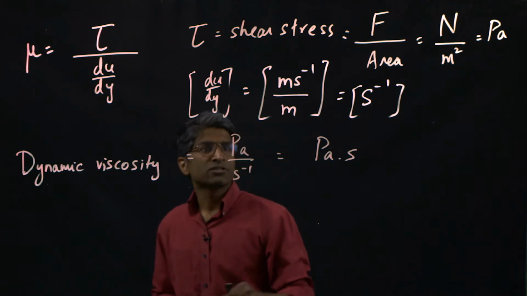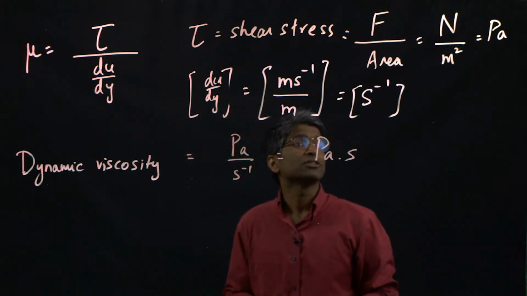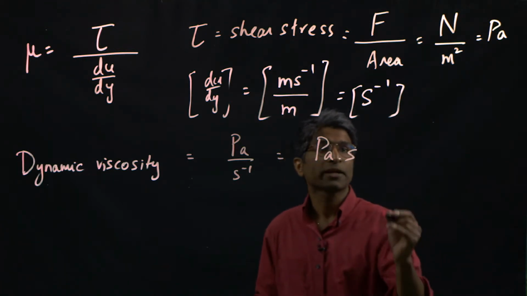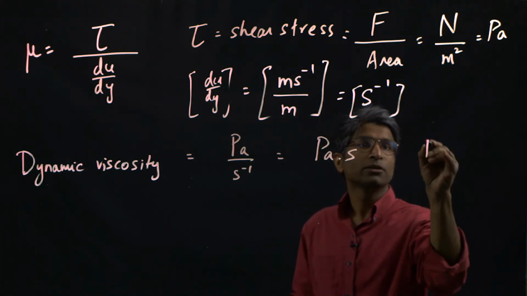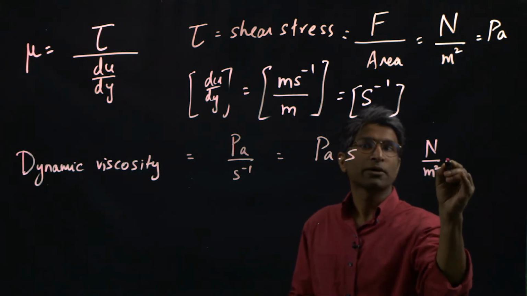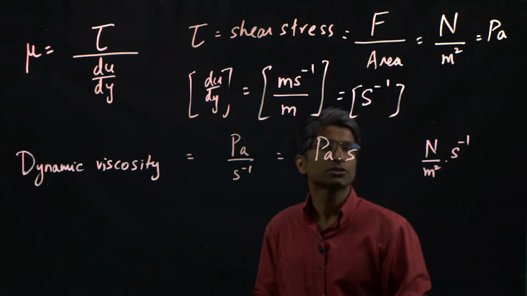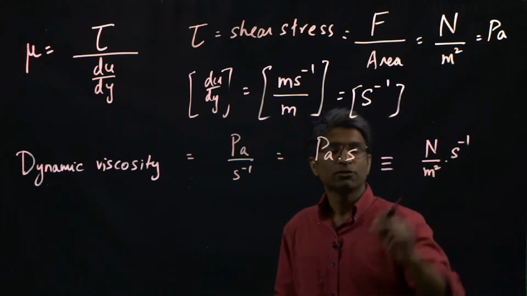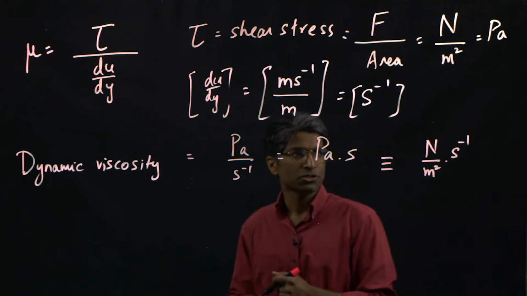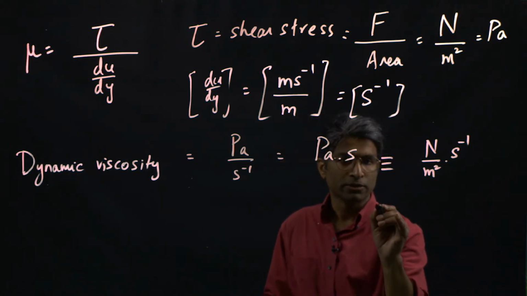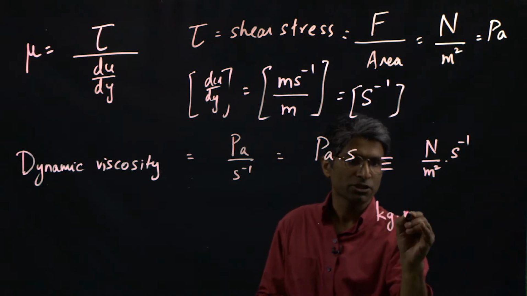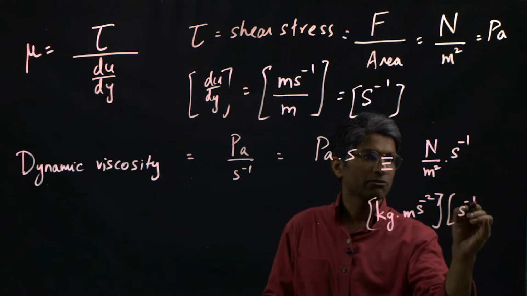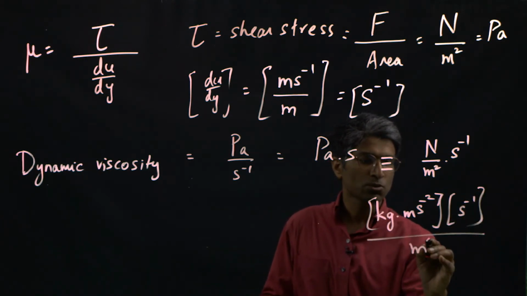Sometimes this is expressed, instead of using pascals, directly in terms of Newton per meter square times second. So Newton meter square times second inverse. And if we plug in the idea that force is mass times acceleration, so we typically have Newton written as kg times acceleration, which is meters per second square times second inverse over meter square.